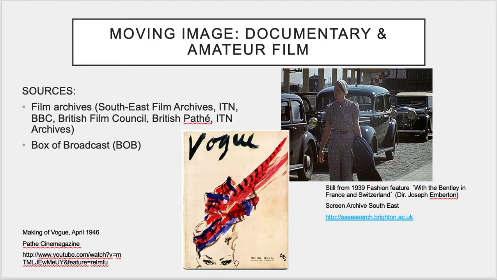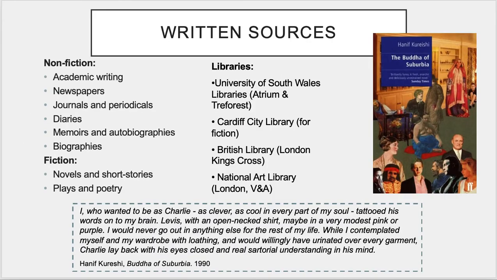Okay, so written sources. So most of your written sources will be secondary, so academic books and articles and so on. But particularly if you really enjoy reading, written primary sources such as novels, diaries, and memoirs can be fantastic sources.